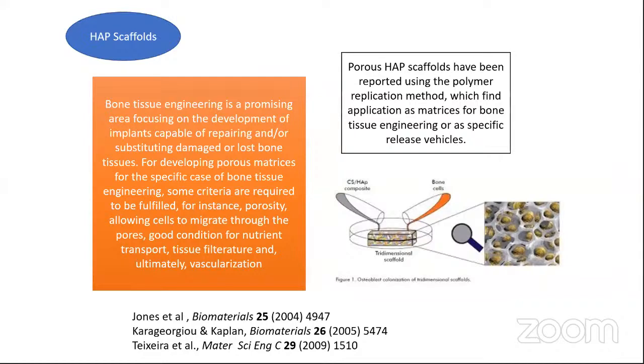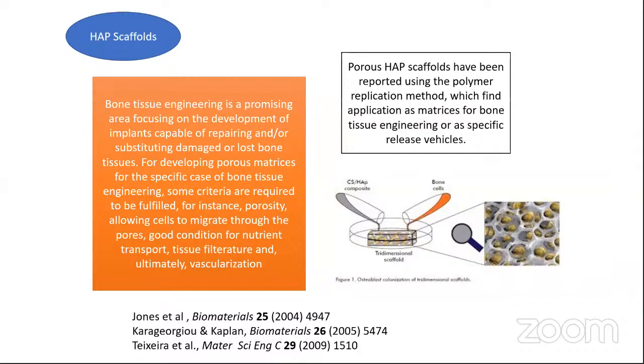For developing porous matrices for the specific case of bone tissue engineering, some criteria are required to be fulfilled. For instance, porosity, allowing cells to migrate through the pores, a good condition for nutrient transport, tissue infiltration, and ultimately vascularization.